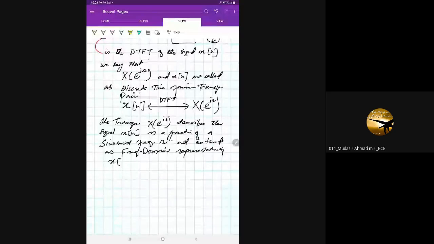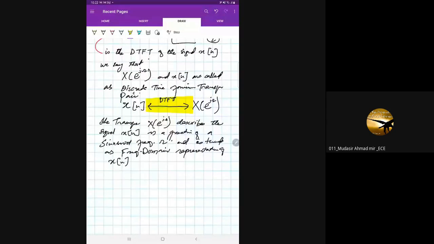So the transform, the transform of x of n to x of e raised power j omega. What does that mean? It means that signal x of n is a function of a complex sinusoid of frequency omega.